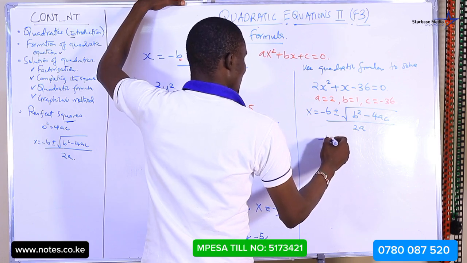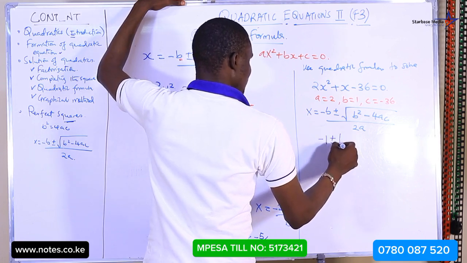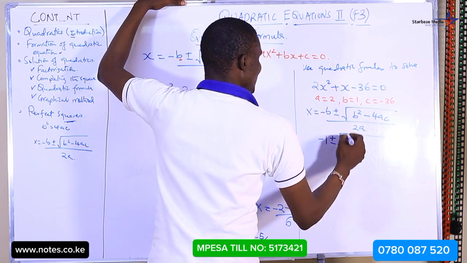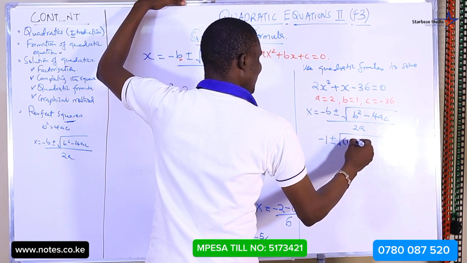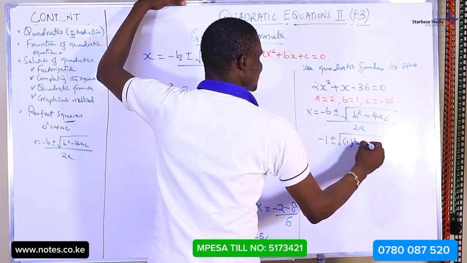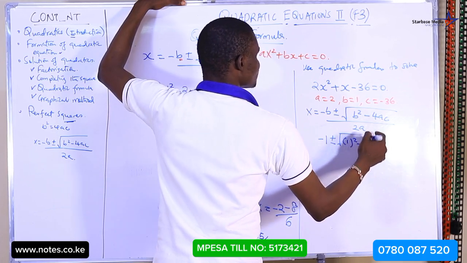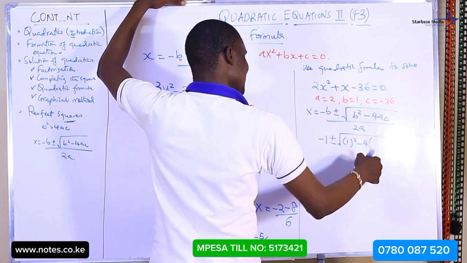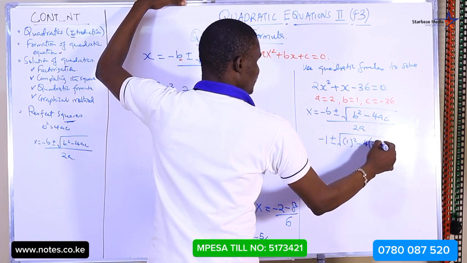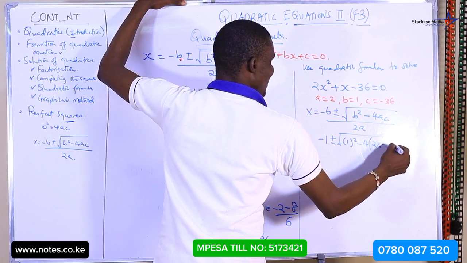Now that will be negative 1 plus or minus. You put this b squared, you put the bracket properly. Here I told you if you mess up, the marks are gone. So be very keen, put the brackets the way I put them, so that you don't get the wrong answers.